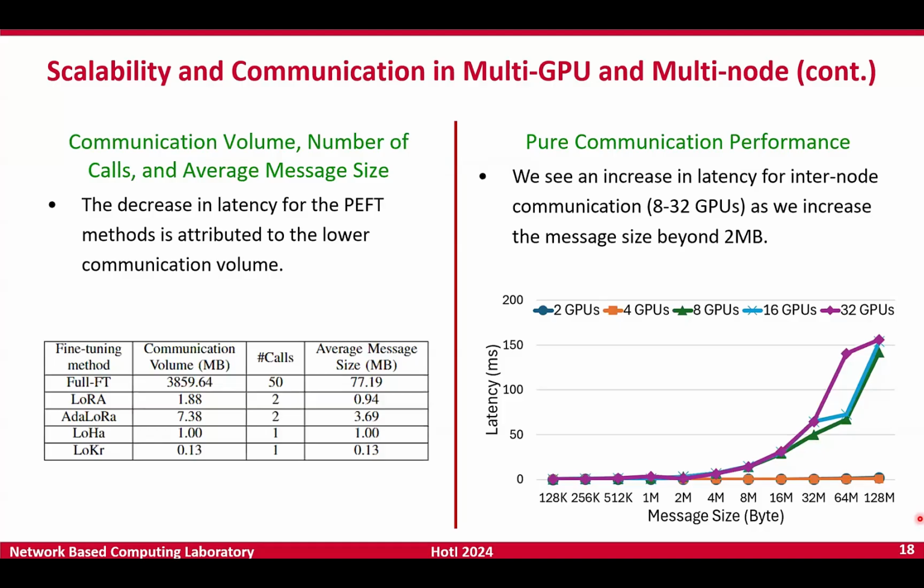And at the right side, this is the peer communication performance. In these figures, we can see that when the number of GPUs is lower than 4, the latency is constant, because, as in the previous slide, the intranode communication overhead is small due to the large bandwidth within the node.